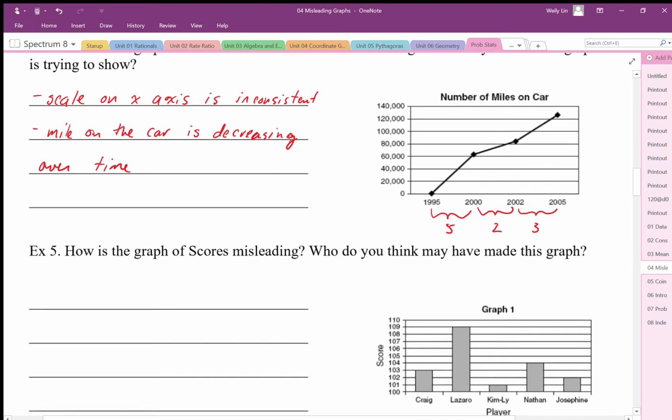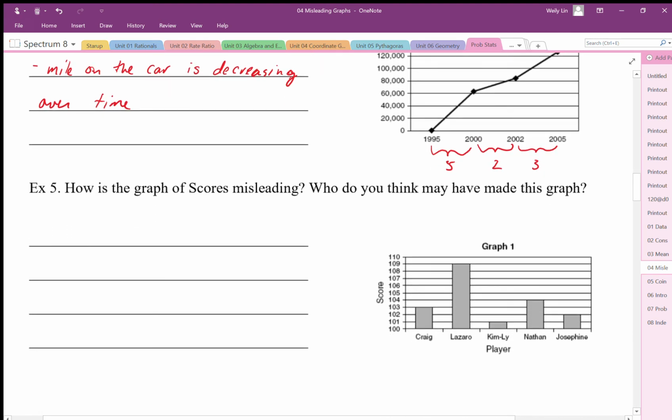Okay, so this next one here, this is scores on the y-axis, and then the people are on the x-axis. And wow, you look at this information, you say, well, by just looking at it, it looks like Lazaro is clearly quite a bit better than the other players here. But if we take a little bit closer look at the scaling here, again, the y-axis scaling doesn't start till 100.